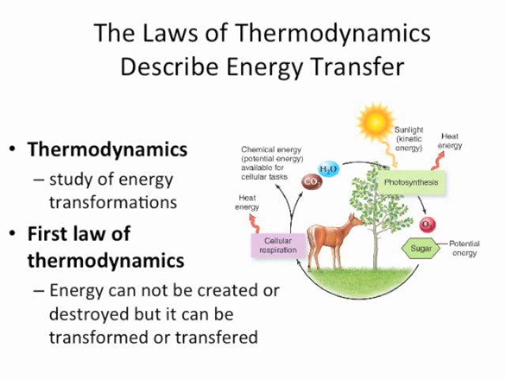First law says energy cannot be created or destroyed. Energy cannot be created or destroyed, but it can be transformed or transferred. So transformed, it can be converted from one form to another, from potential to kinetic, from kinetic to potential, from one form of potential to another form of potential, things like that. Or it can be transferred, which means it can be moved from one organism to another, so from the tree to the deer.